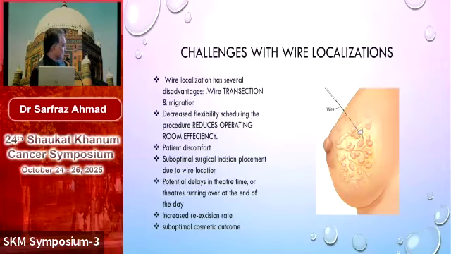Patient discomfort: you can see the wire is sticking out of the breast, which is not very comfortable for the patients, and it adds to the patient anxiety. Sometimes suboptimal surgical incision placement due to wire location, potential delays in theater time or theaters running over at the end of the day, increased excision rates and suboptimal cosmetic outcome.